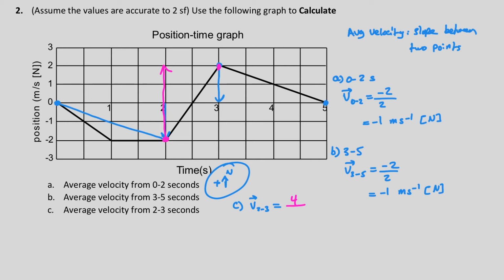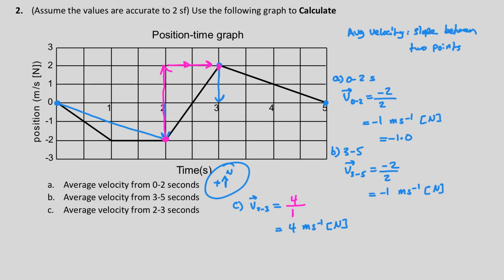And my run is from 2 to 3. So just the 1. I don't know why I did 2 arrows, but from here to here is just 1 second. And once I do my calculation, let's get back to blue, that's going to equal 4 meters per second in the north direction. Now, my answers, again, it says everything should be good to 2 significant figures, so I'm just going to change everything.